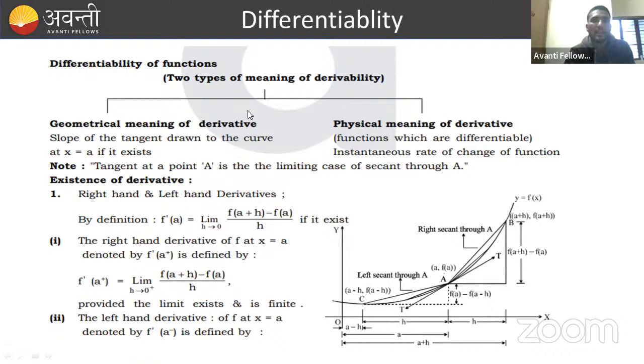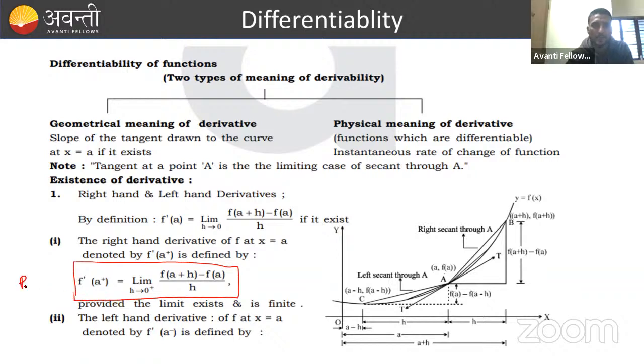Then I told you how to check the differentiability of any function. You need to find the right hand derivative and the left hand derivative. The formula for the right hand derivative, RHD, is f dash a plus equals the limit of f of a plus h minus f of a, divided by h.